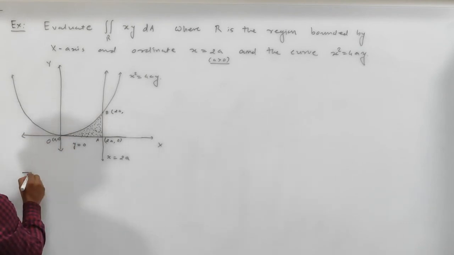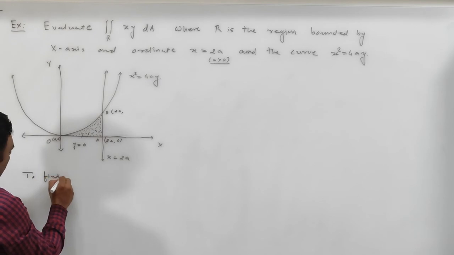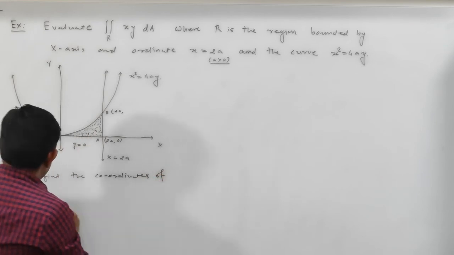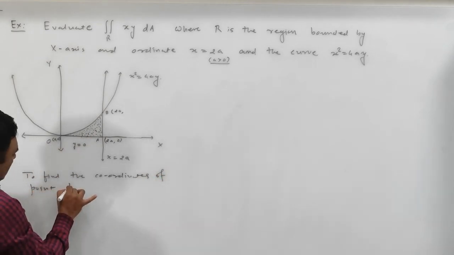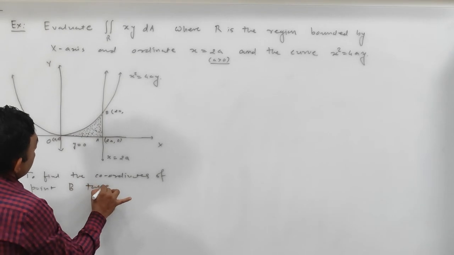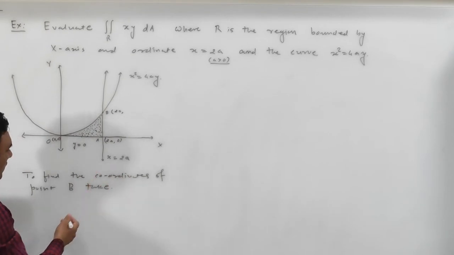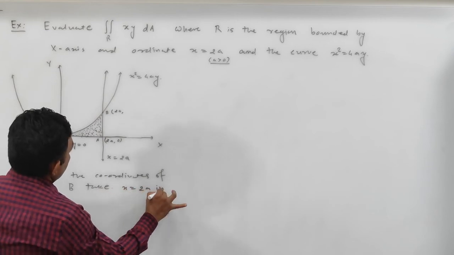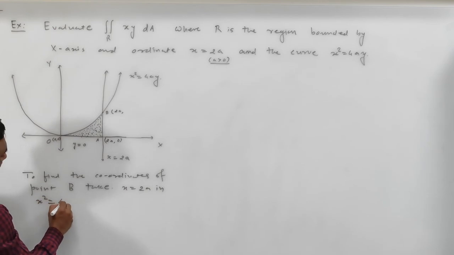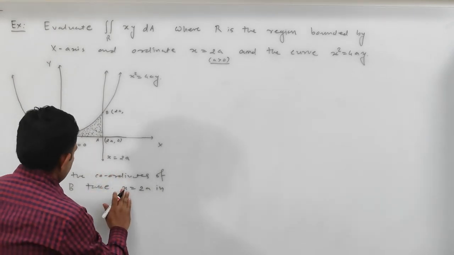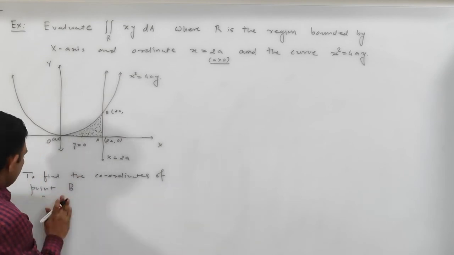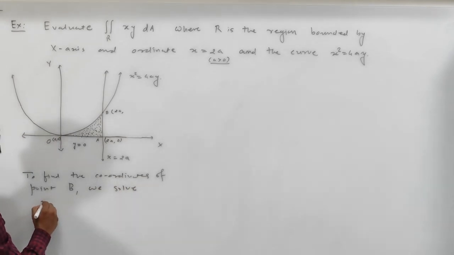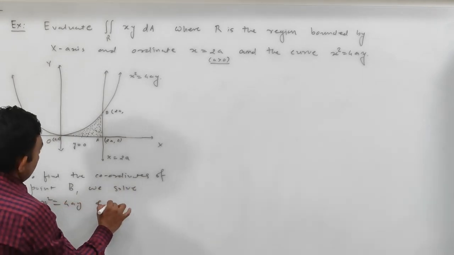To find the coordinates of point B, we solve x square is equal to 4ay and x is equal to 2a.